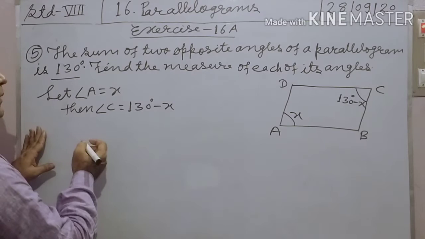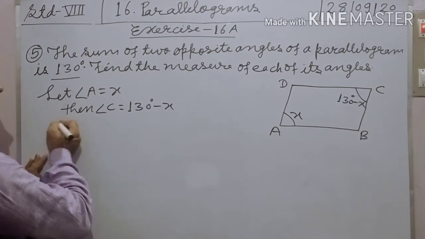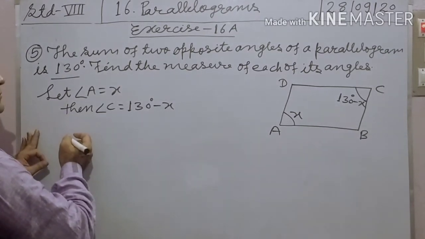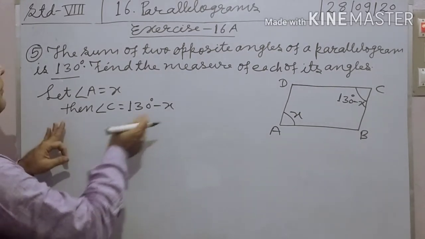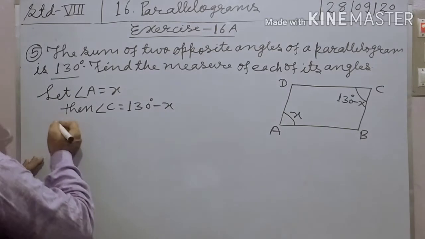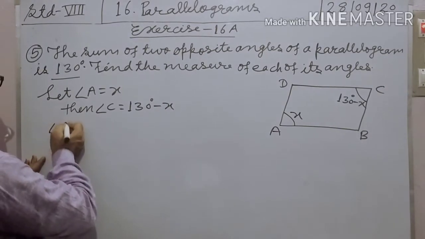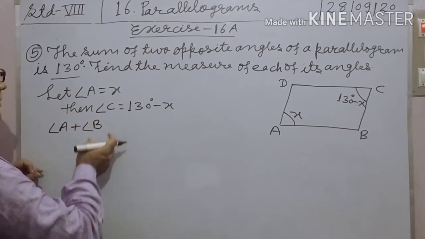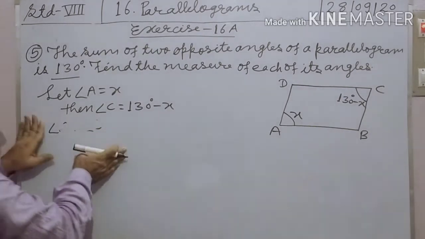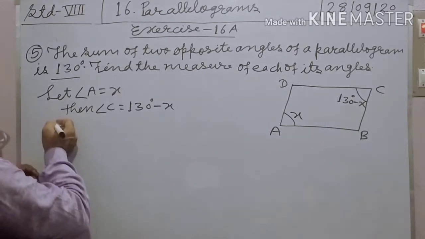Now find the value of X first of all. The sum of two opposite angles is 130 degrees. Opposite angles are equal.